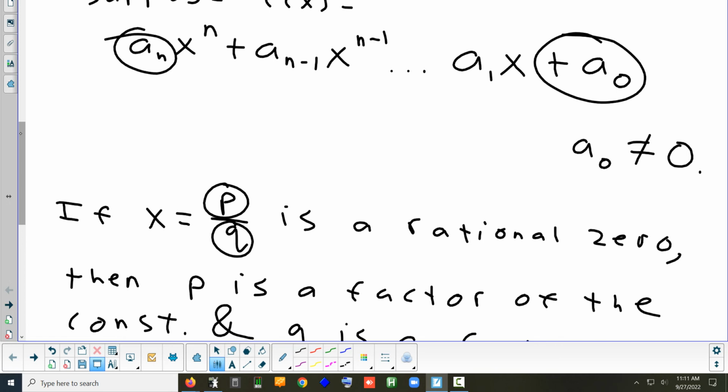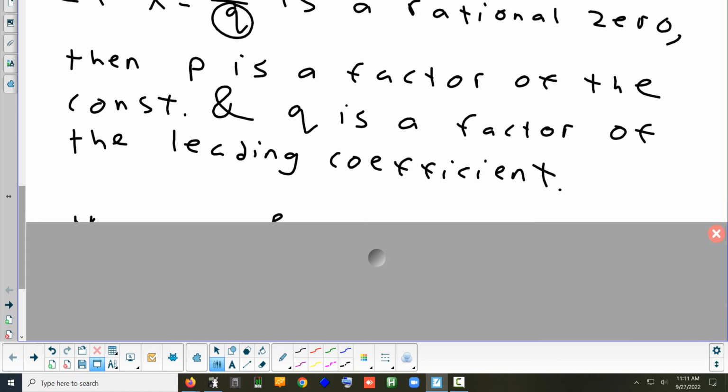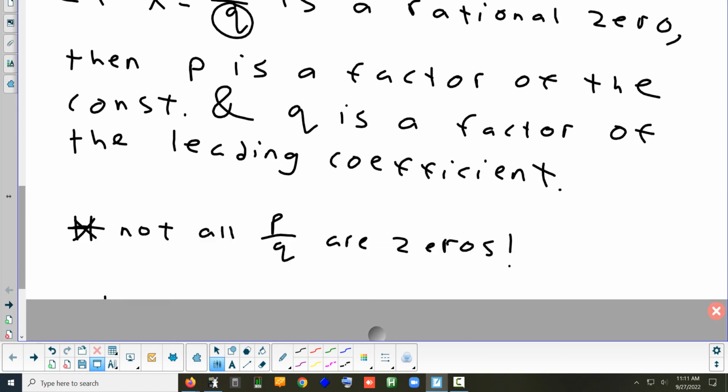Positive and negative of every number I just said. So this theorem generates a list of possible roots. Not every single number generated with this theorem is a root. It's up to you to check the list of possibilities that are created and see which ones are and which ones are not roots. But at least it gives you a list of options to pick from.